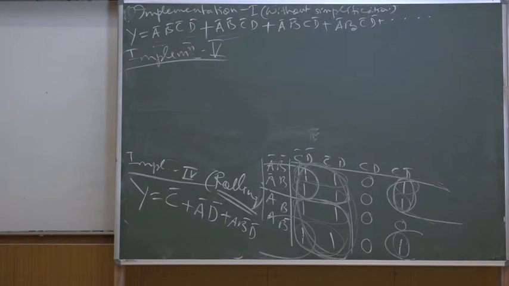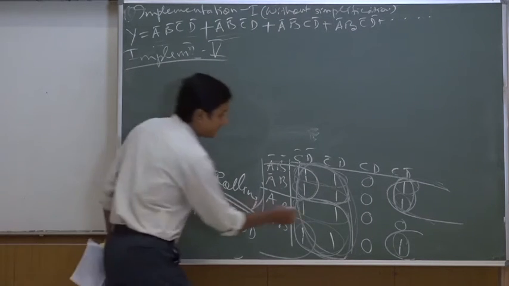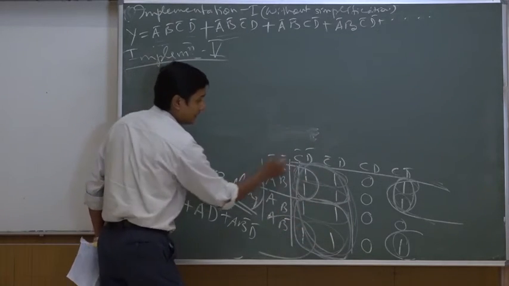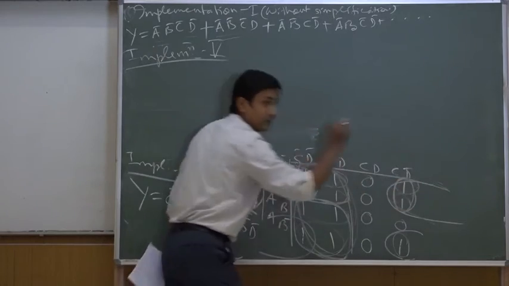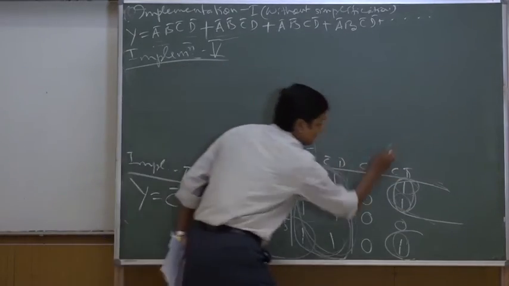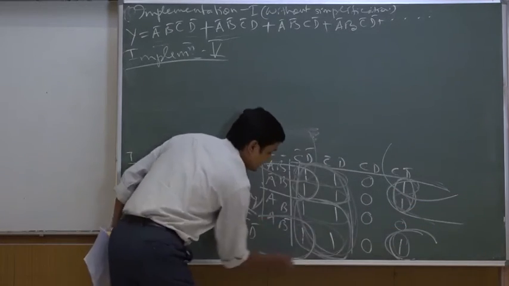If I make the same group like earlier, this one is the bigger one, and this, and this, and this as 4.